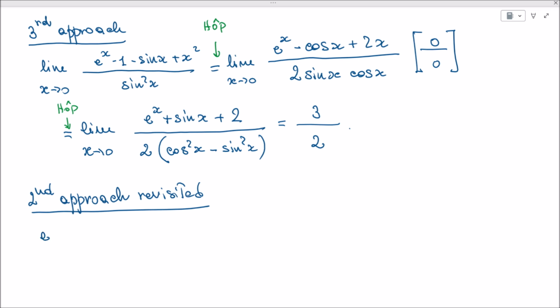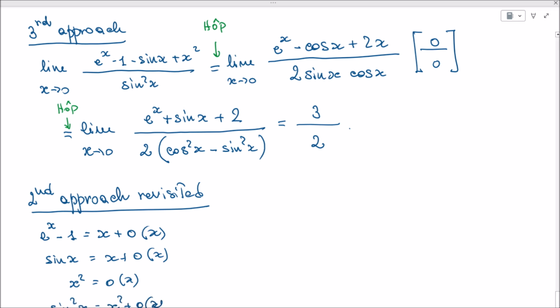So we might write e to the x minus 1 is equal to x plus little o of x, and then sine of x is equal to x plus little o of x, and then we have x squared. Well, we can consider this to be little o of x once again, and then the sine squared of x is equal to x squared plus little o of x.